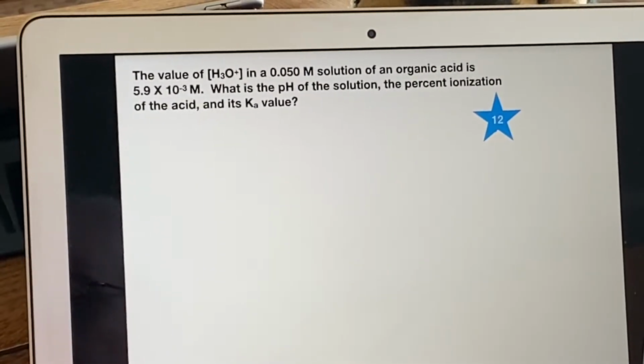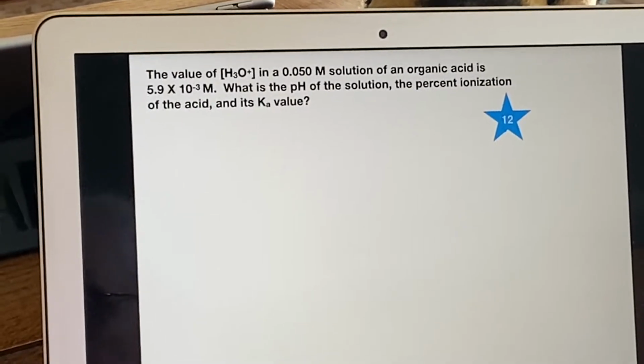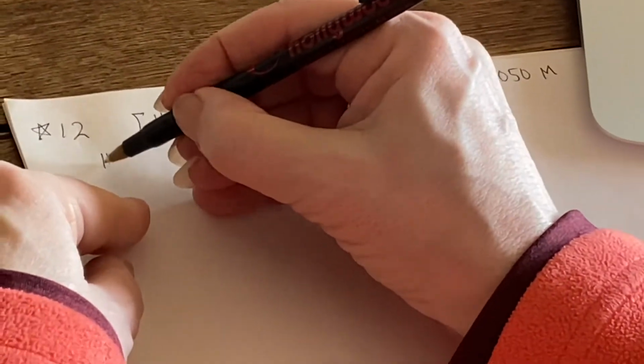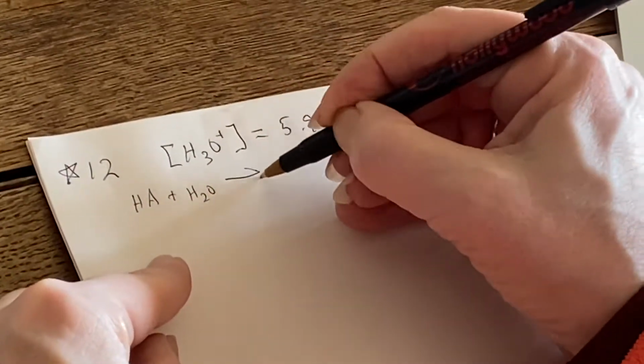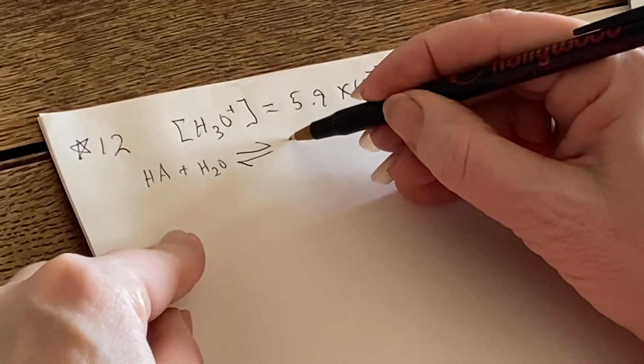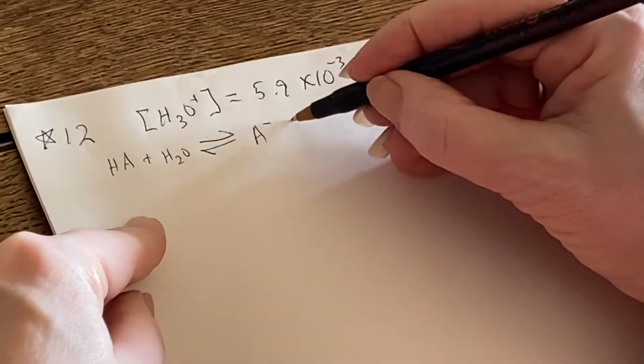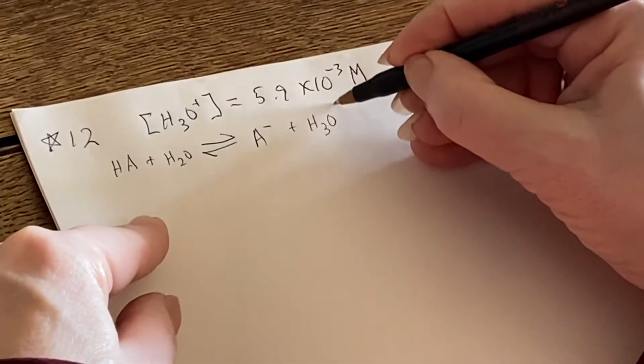All right, well, let's think about what's happening in here. This is a case, again, where the HA is being combined with water, going into an equilibrium, forming the A minus, the anion, and the hydronium ion.